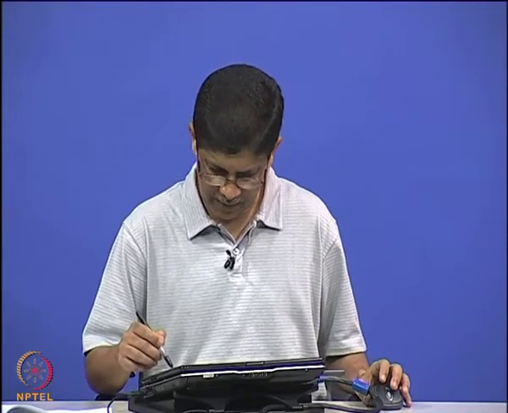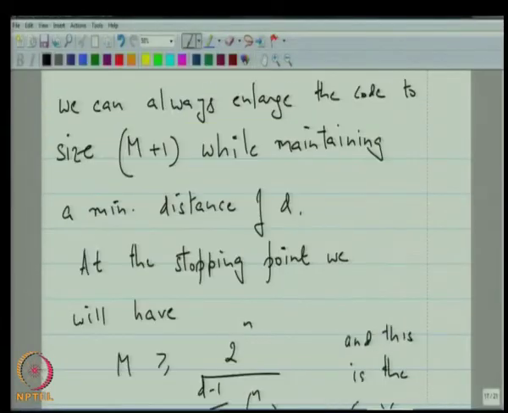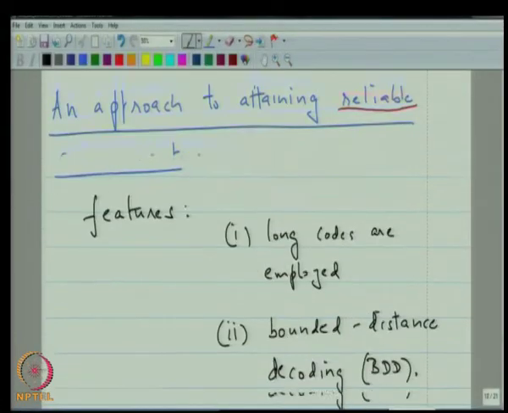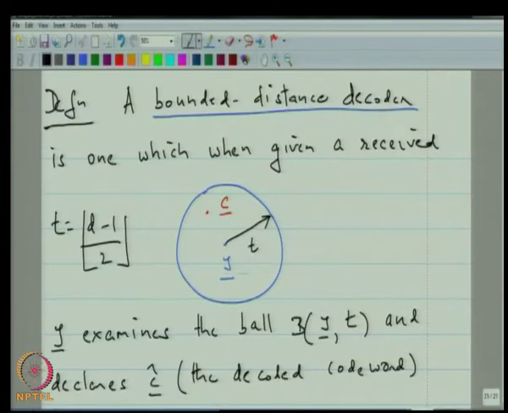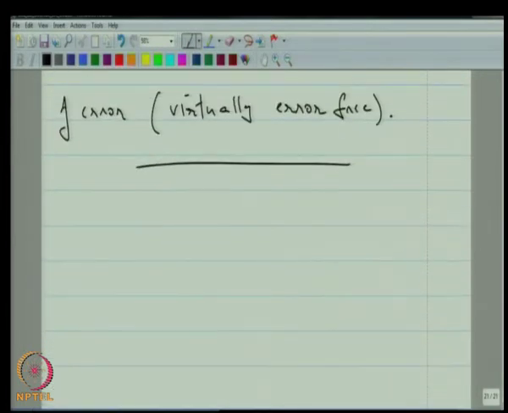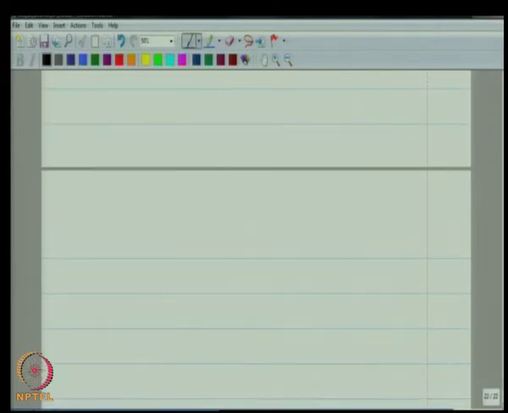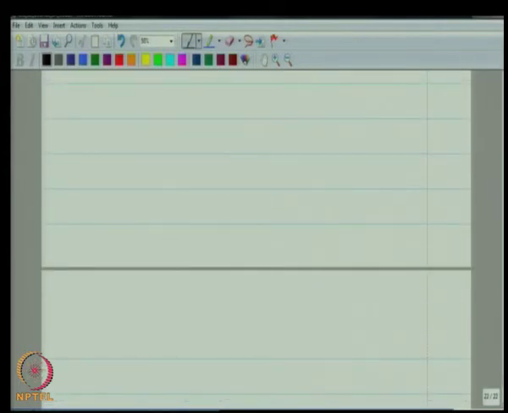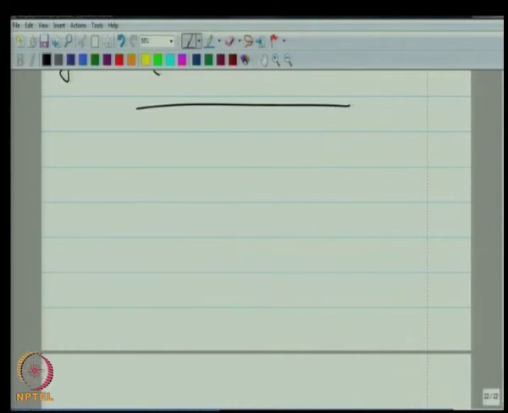So, we started off by saying we have an approach towards attaining reliable communication. It is going to use long codes, and that is why we are interested in the Hamming bounds for large n. So, our approach is this. Consider the binary symmetric channel.